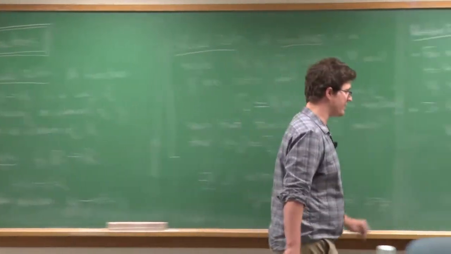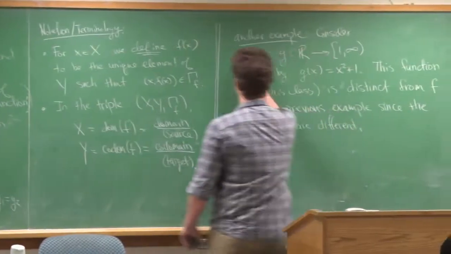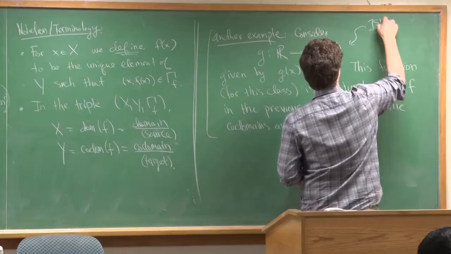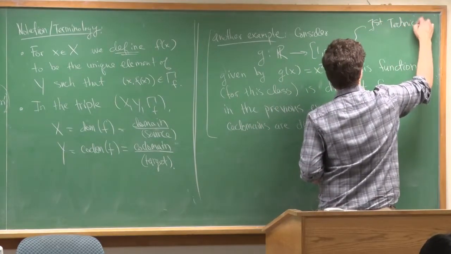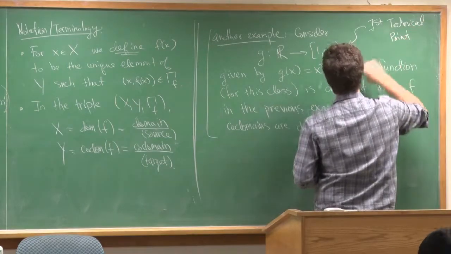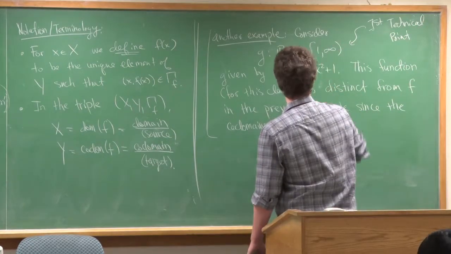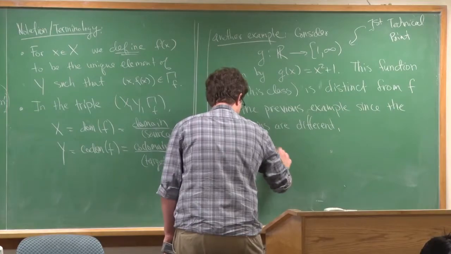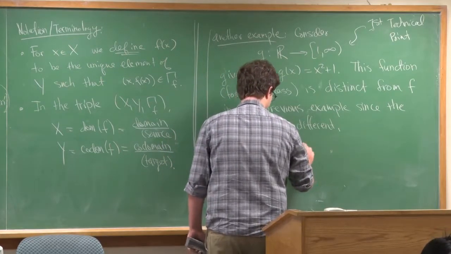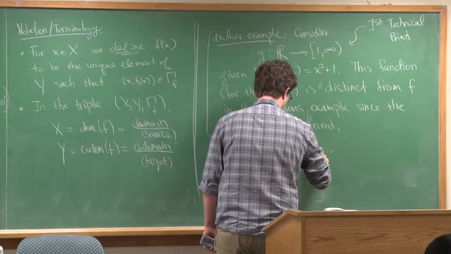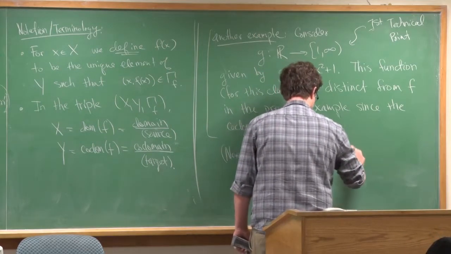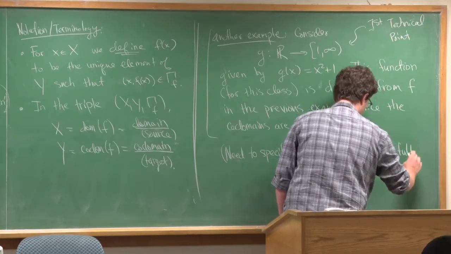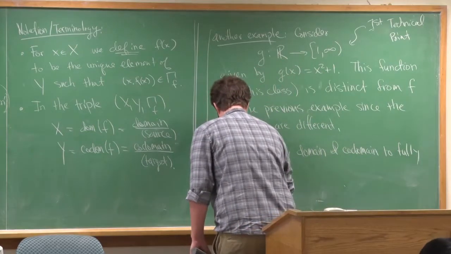All right? So let me make this other technical point. So this is the first technical point: you need to specify a domain and codomain to fully specify, to fully give the function.